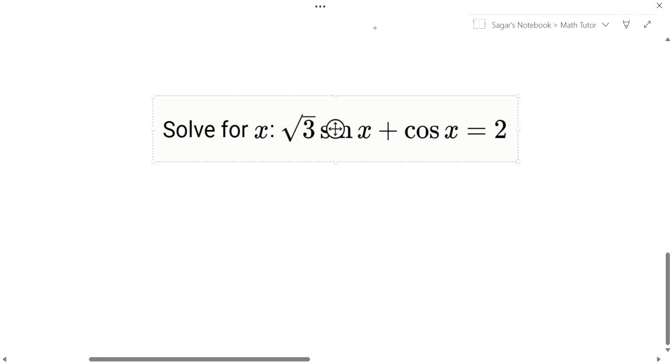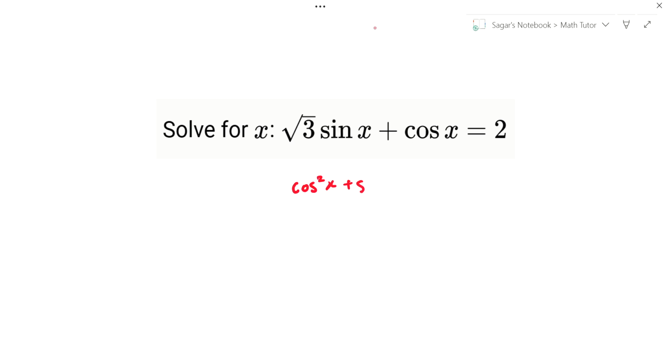Now the important thing to note is that cos squared x plus sine squared x is equal to 1. This is one of the most common relationships we have, and we are going to utilize this. We can make cos x or sine x the subject of the formula.